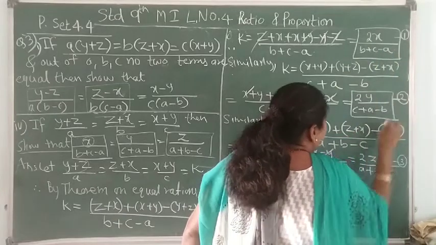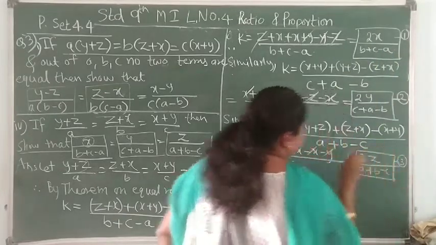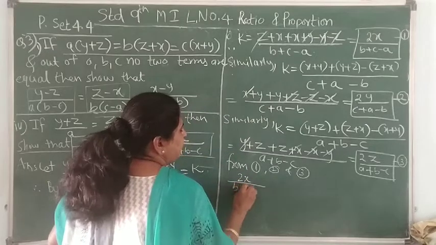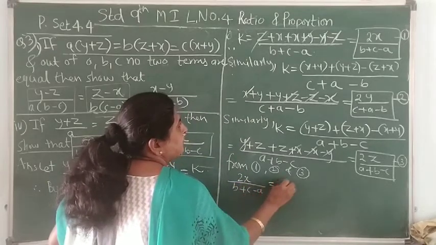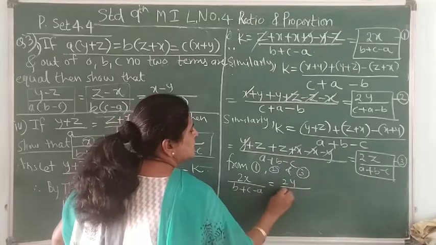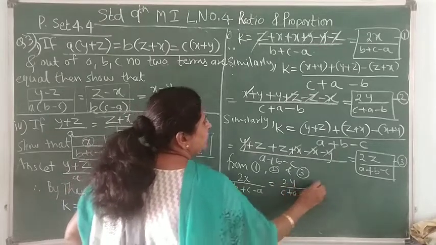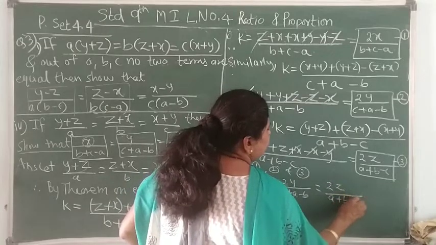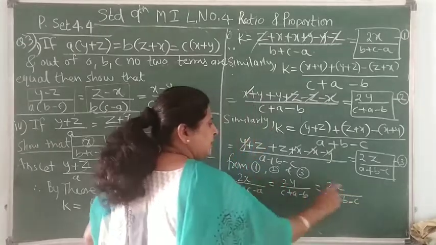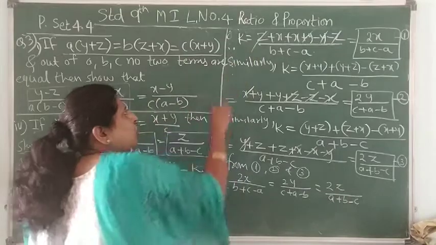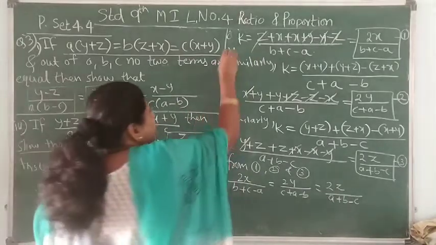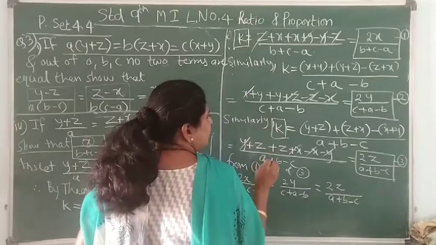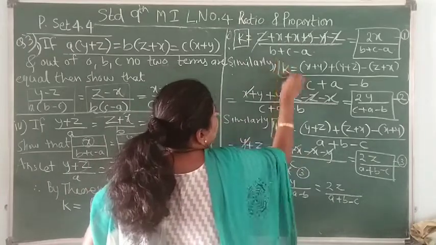We write 2x upon b plus c minus a, equals 2y upon c plus a minus b, equals 2z upon a plus b minus c. All these three terms are equal because all are equal to k. Here everything we started with k, correct?